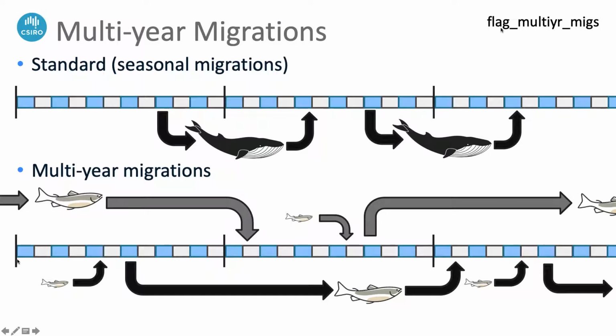However, if you set flag multi-year MIGs in your run parameter file to be 1, it expects that there's going to be more complicated migration, such as what you might see in some of the salmon, where they are at sea for a long period of time, multiple years, then come in and go up the river to reproduce. New babies come into the system and leave fairly quickly for the multi-year time outside the model.